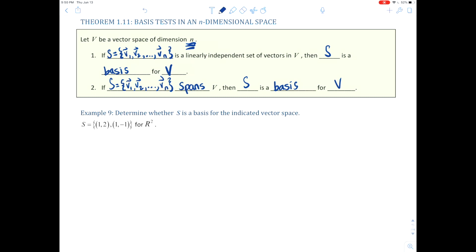So the dimension of R2 equals 2, and S has 2 vectors. Okay? So if I can show just one of those things, then what? I can show it's a basis. So here we go. I'll find out if it's linearly independent.